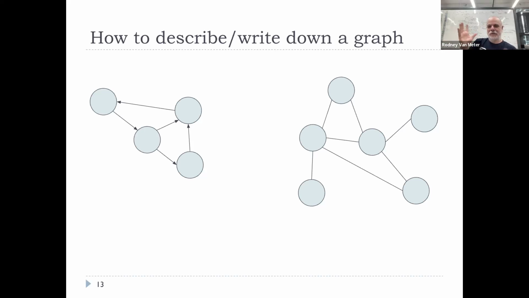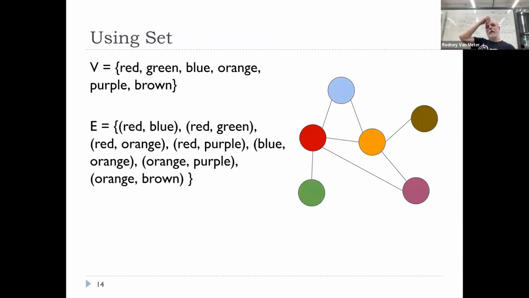There must be some way of actually drawing them, or writing down the information that describes the structure of that graph. Well, there are a couple of different ways. Generally speaking, we describe a graph in terms of 2 sets. One set is the set of vertices and the other set is the set of edges.